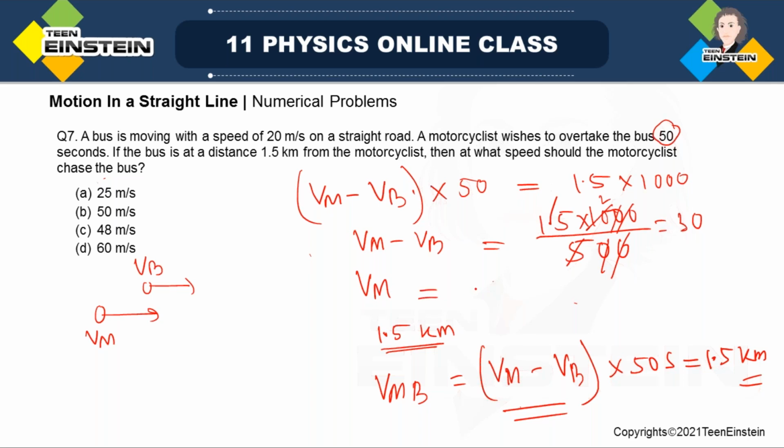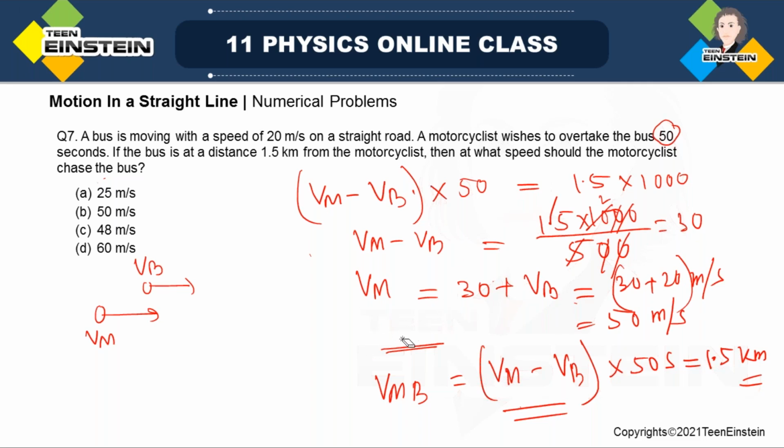Now you have to find out V man. So this is 30 plus V bus. V bus is the velocity of the bus, that is 20 meter per second. So you will get 30 plus 20 meter per second. That means 50 meter per second velocity.